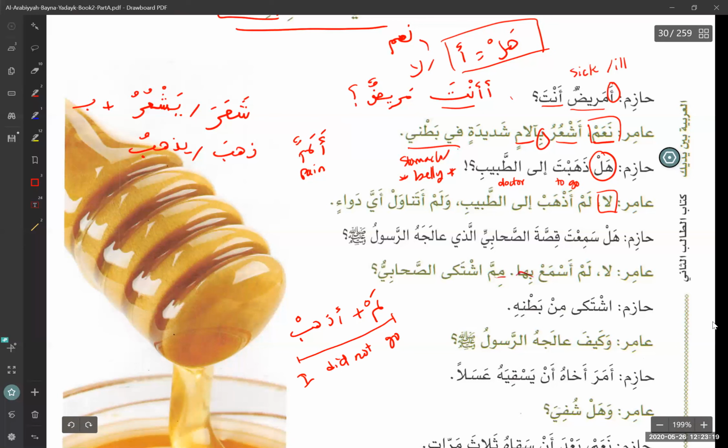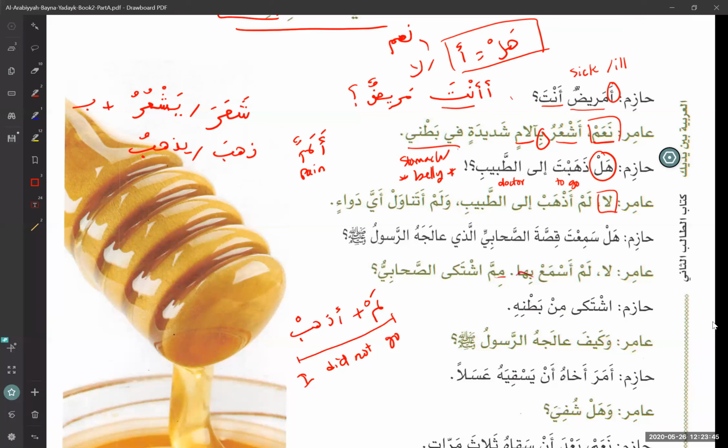Okay, so a lot of things happen with that lam, right? So it's something to study. That's fine, we have to get used to this. It's just like English, you know, when we negate some verb in the past. We never say in the past tense, right?